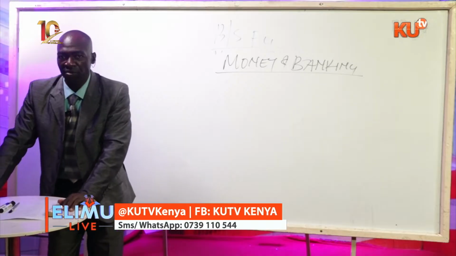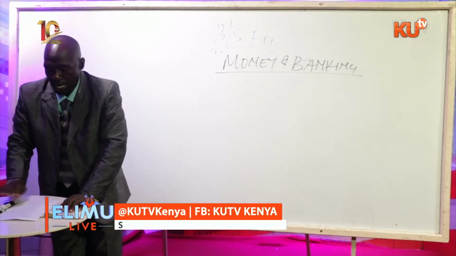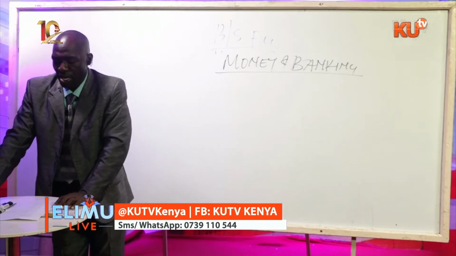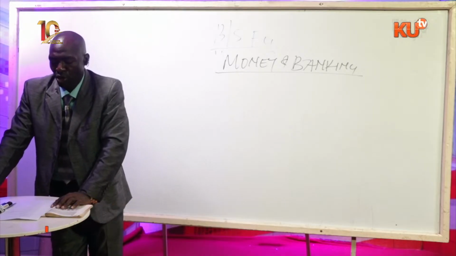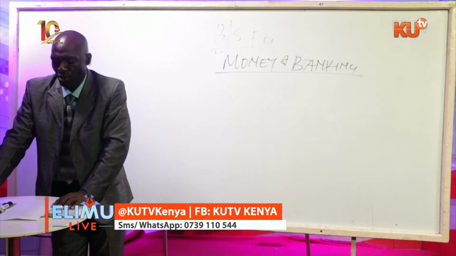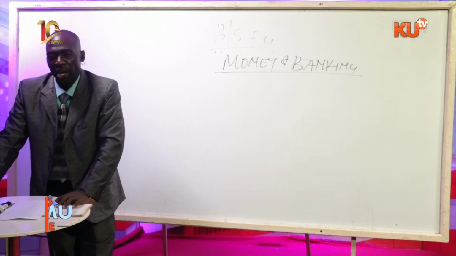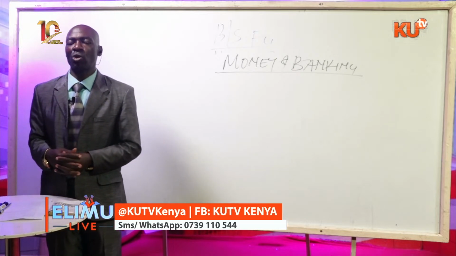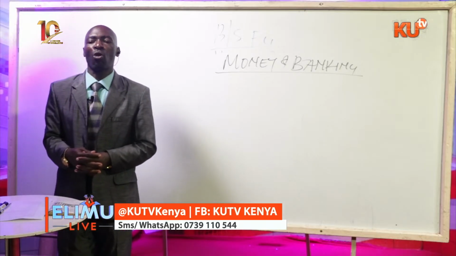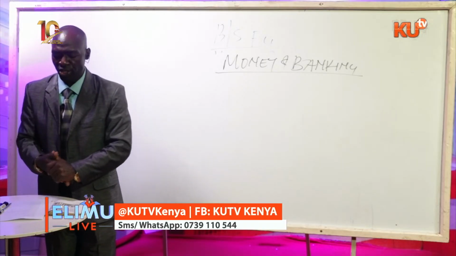Specific objectives of the lesson today. One, by the end of the lesson, the learner should be able to define the terms money and banking. Two, write short notes on systems, forms of trade and their features. Three, explain the functions and characteristics of money, and by extension differentiate between commercial banks and the central bank.